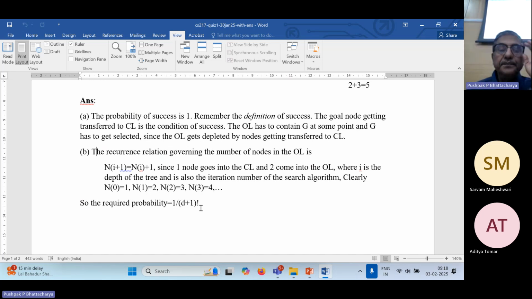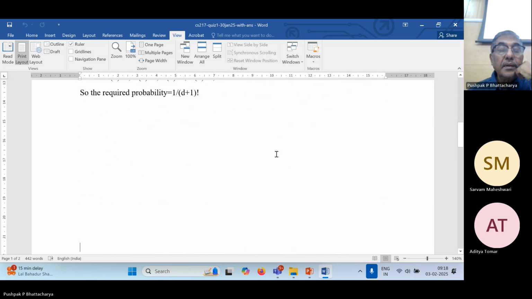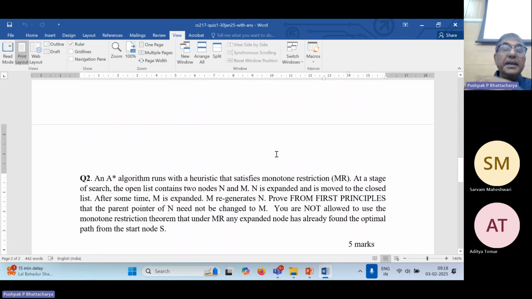Okay. So next question is, that was a tricky one and a very, very difficult one. An A-star algorithm runs with a heuristic that satisfies the monotone restriction: H of parent is less than or equal to the cost of parent to child plus H of child.